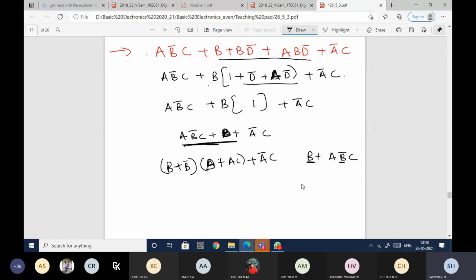So B plus B bar into B plus AC. It is nothing but A plus BC can be represented as A plus B into A plus C, right? The same thing I have used here. B plus B bar I have taken together, and then these two terms I have taken together.